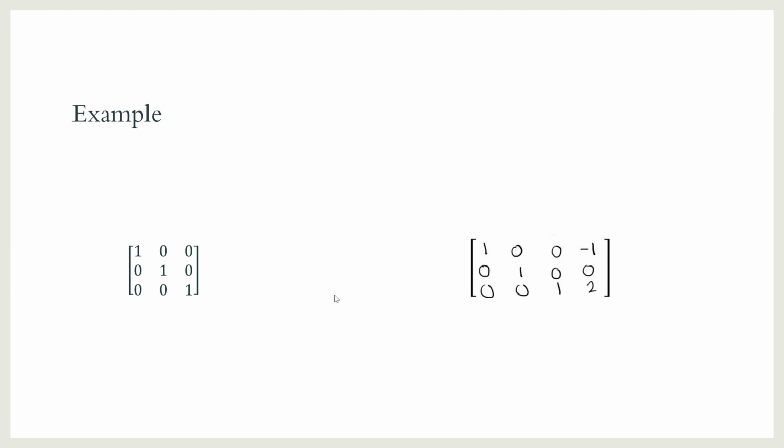They don't have zero rows in the middle of the matrix. And each column that contains a leading 1 has zeros everywhere else. Here and here and here. This column does not matter because it does not contain a leading 1.